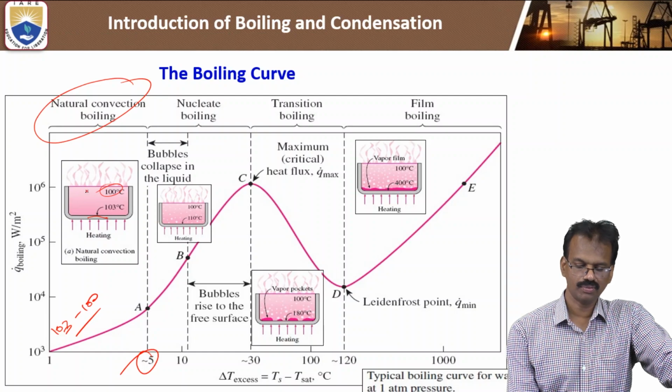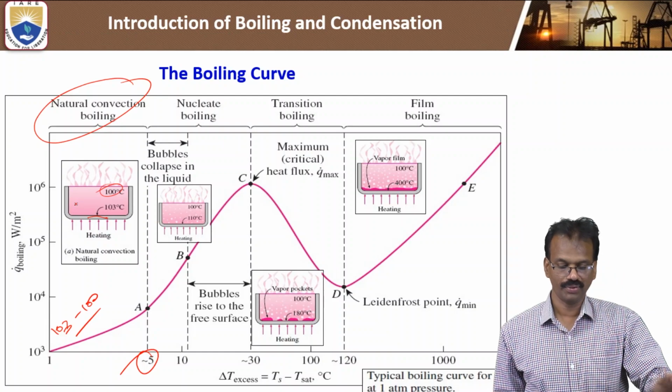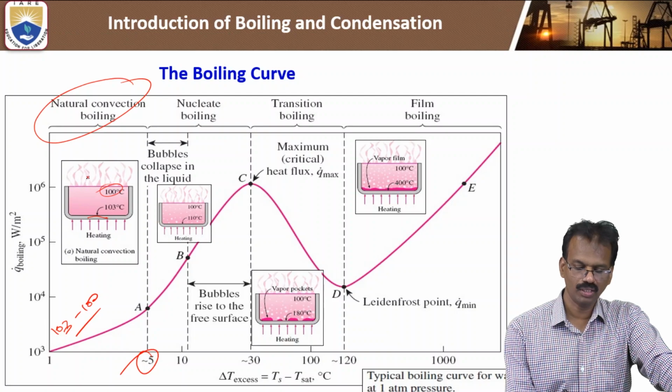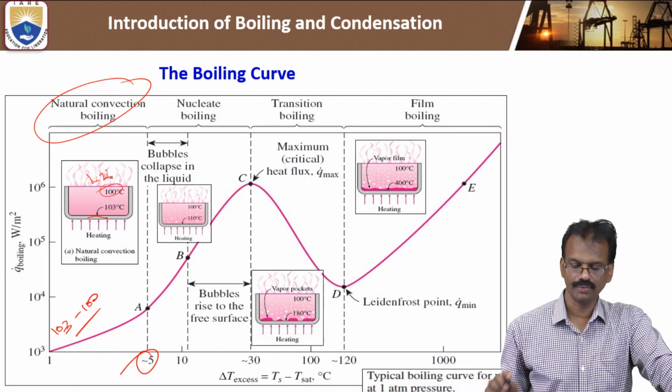This heat is transferred throughout the fluid because of natural convection by the effect of buoyancy. At the top surface, the liquid-vapor interface, the water is evaporated. So this is the natural convection of boiling.